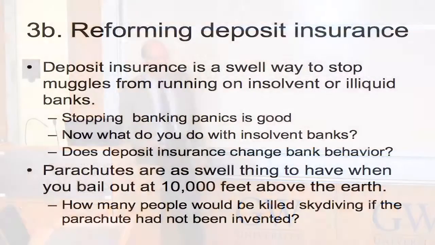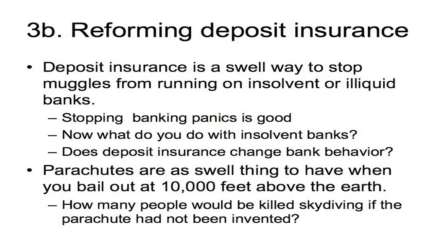Okay, next is deposit insurance. Because after all, obviously Fannie and Freddie are an issue. By the way, Fannie and Freddie are, of course, an issue of government guarantees, and FHA also. But then we have deposit insurance for the banks to hold these products. Okay, as Professor Bernanke said, deposit insurance is a swell way to stop the Muggles from running on insolvent or illiquid banks.